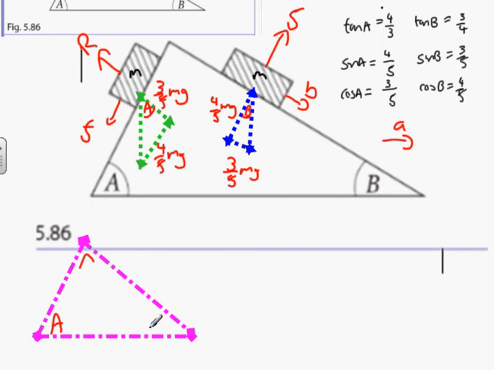Now, this is going to be A cos A, and that's going to be A sin A. Everybody agrees with that? Same technique as last time. Otherwise known as 3 over 5 A and 4 over 5 A. Everybody cool with that? Now, we have to do another one.